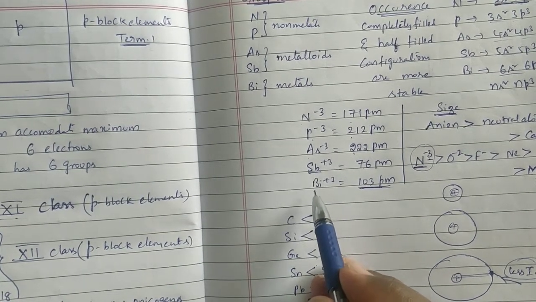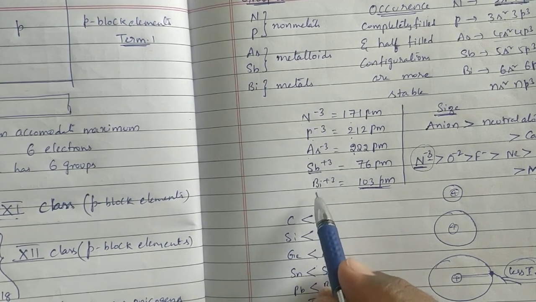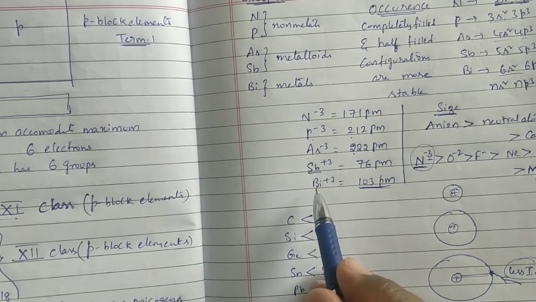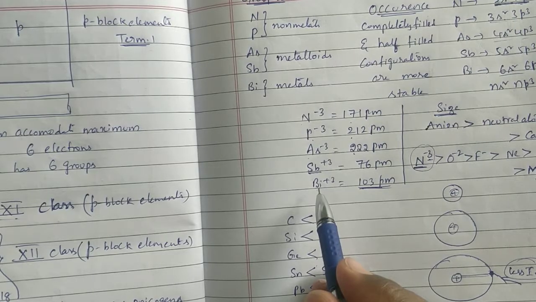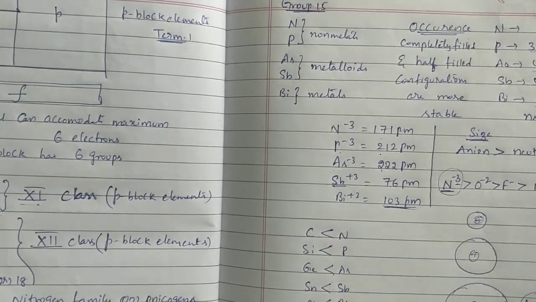I will say why it is happening, because from top to bottom the tendency to show plus 5 oxidation state decreases. I will write the point here.